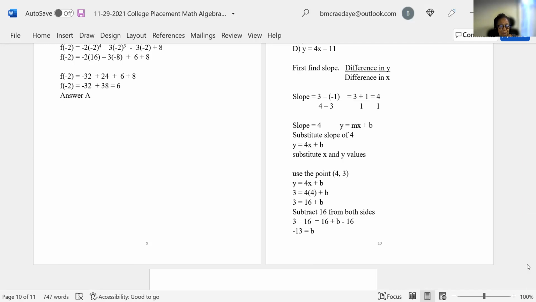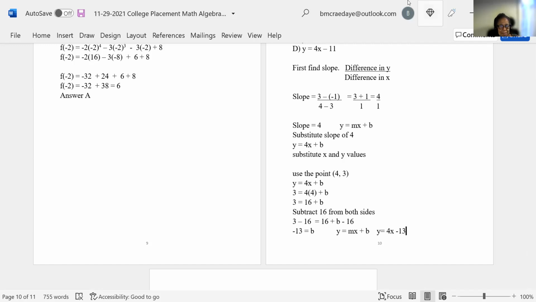So if minus 13 is equal to b, let's just put the equation here. y equals mx plus b, right? So y would be equal, we found the slope was 4, right? So that's 4x, and then b, our y-intercept, will be minus 13. So minus 13.